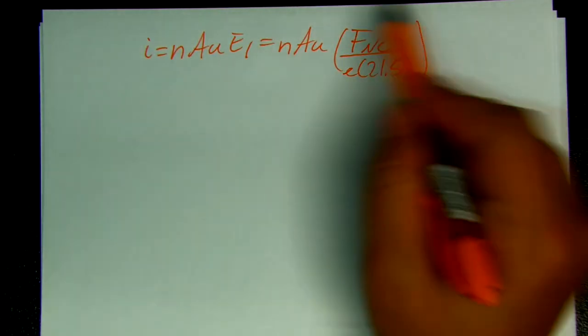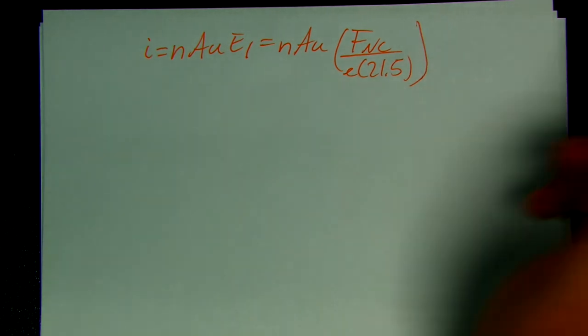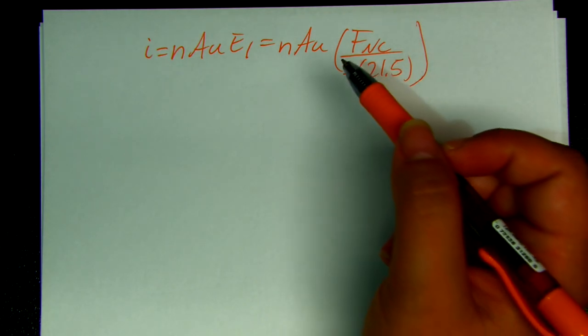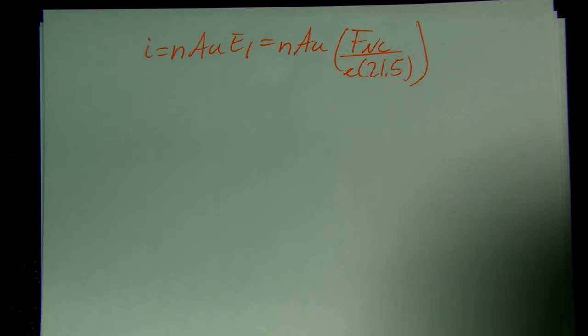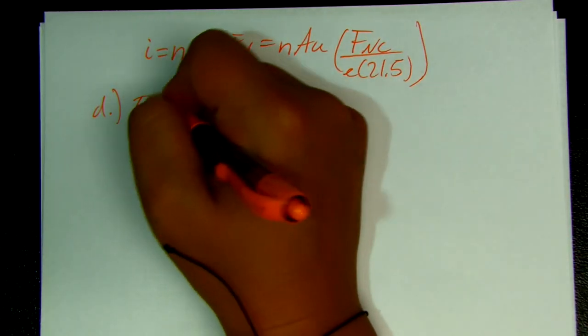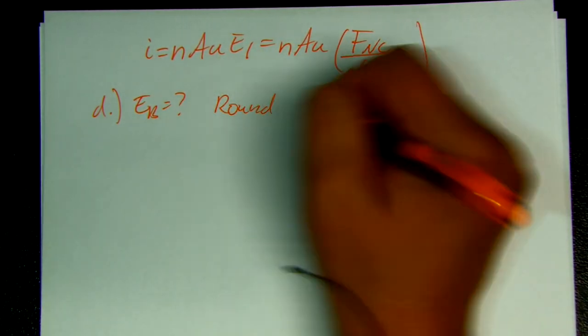Now we have the number of electrons leaving the battery per second, because that is the definition of electron current. And if we wanted to, we could go ahead and solve for the electric field of the battery. So EB, the round trip potential must be 0.